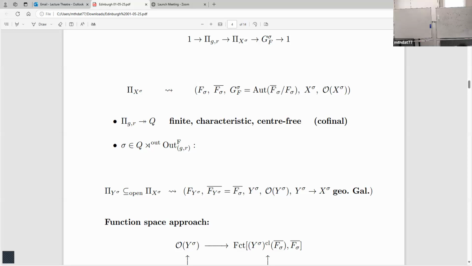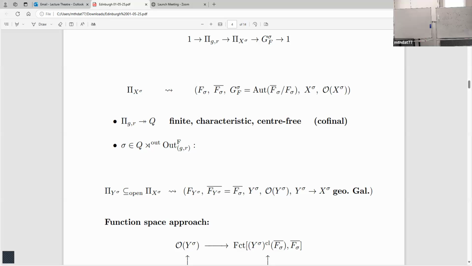I did not explain it in detail, but one looks at the kernel of the outer action of Out F^Γ into Q. One has to do something, but essentially to such a σ you associate such an open subgroup. But this has to be done at this level.